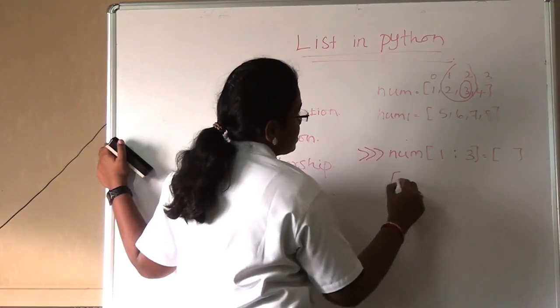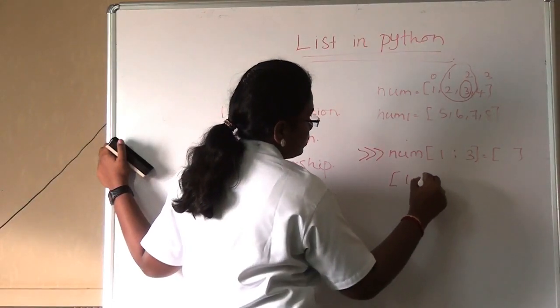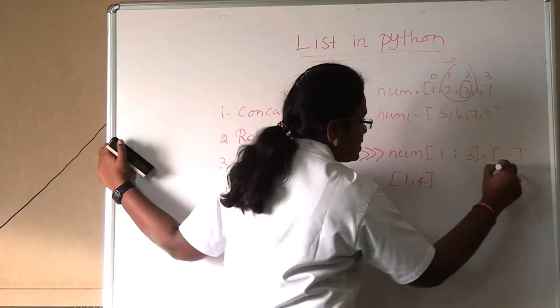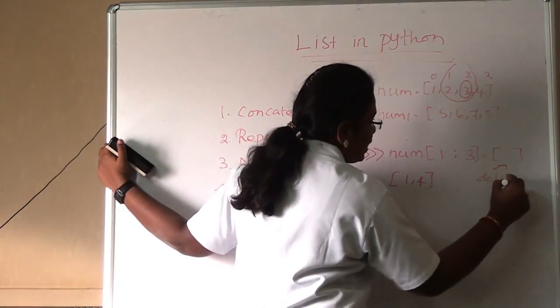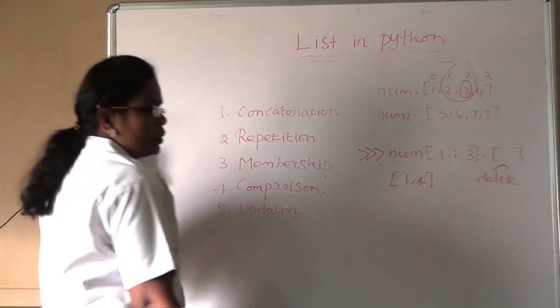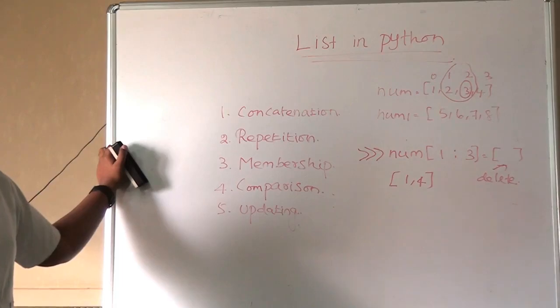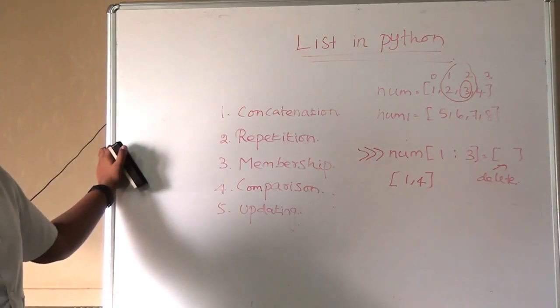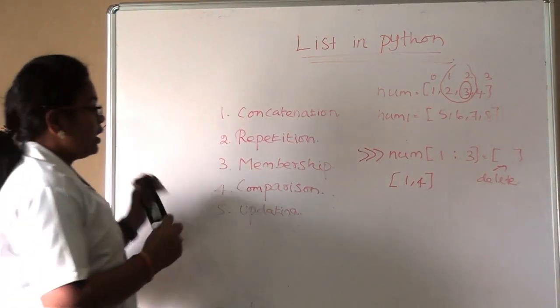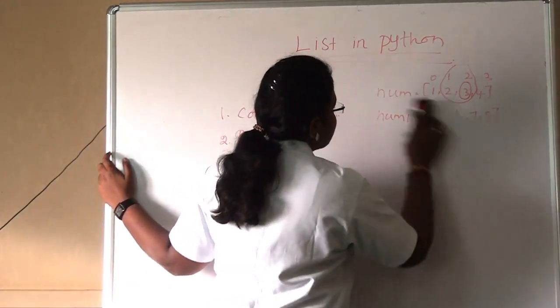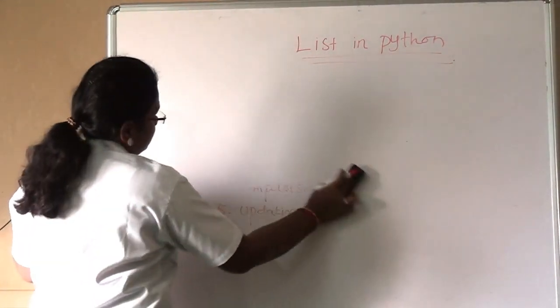So the answer is 1, 4. This empty list will delete the particular content of the list. So you can add the element, and then you can delete the element, and then you can replace the content of the list.